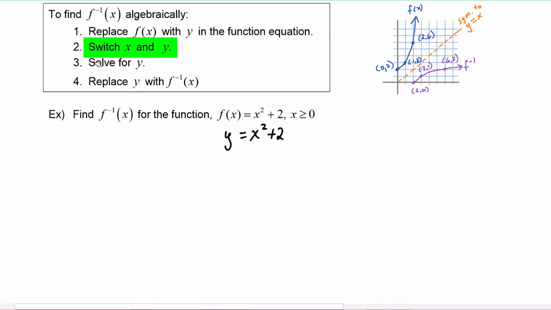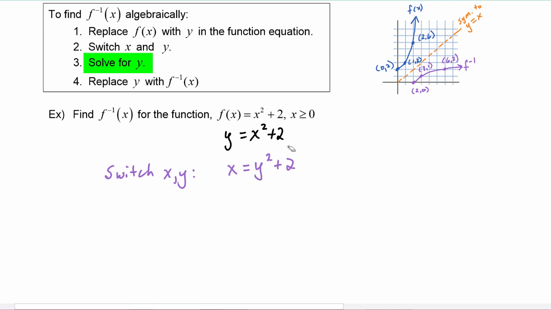The second step is now that we switch x and y. So now we have x is equal to y squared plus 2. Step 3 says solve for y.